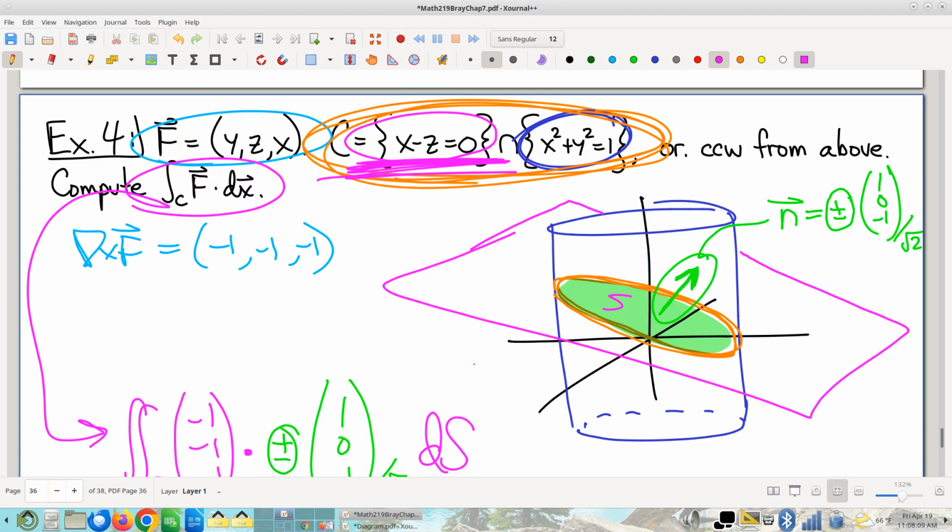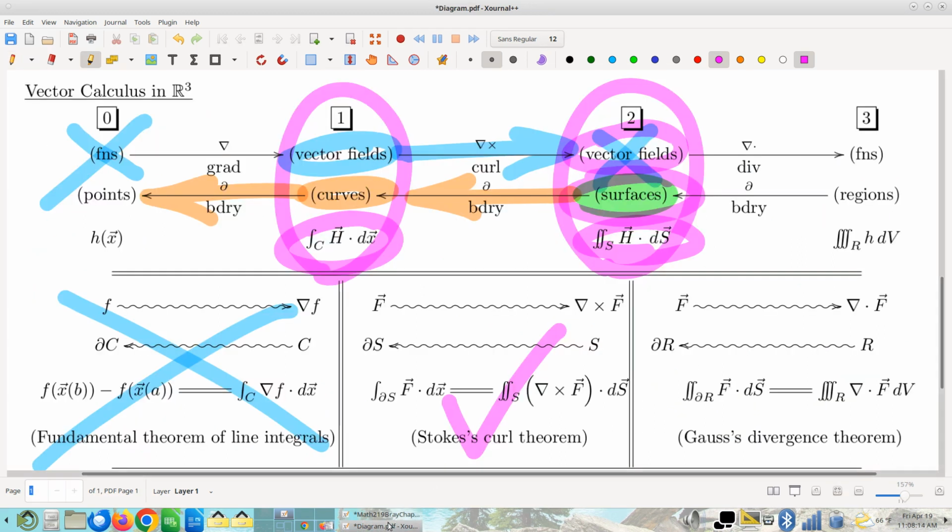And as always, let the diagram be your guide as to what I would do with the normal vector in the first place. Well, that's going to be part of my flux computation, and so it is, according to the diagram, the curl field that I would need to relate it to in this dot product. So again, I feel like the diagram is guiding us toward a reasonable diagnosis of the questions.